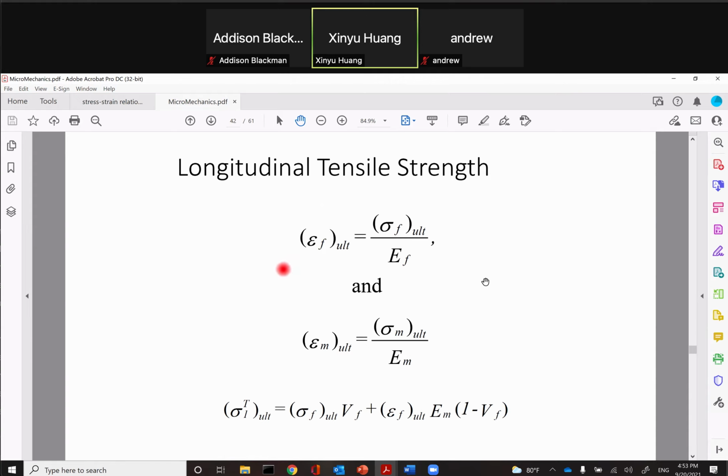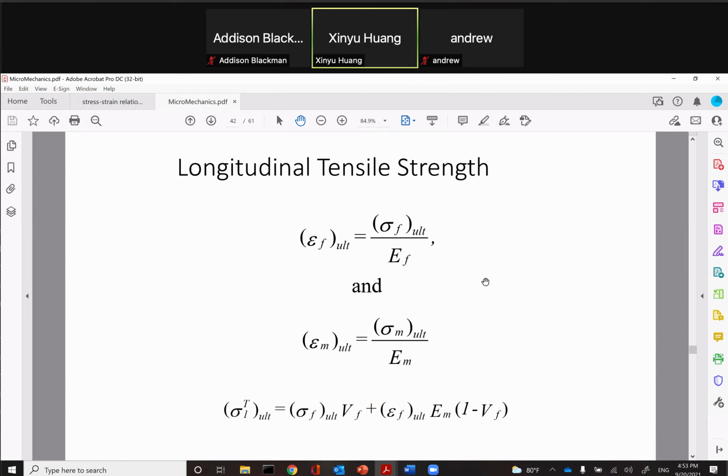So the fiber failure strain is equal to the fiber failure stress divided by the fiber modulus, right? And the matrix strain is the matrix stress divided by the matrix modulus. Then you use the rule of mixtures that governs how the stress is distributed between the fiber and matrix. And you can predict the strength of the lamina if you pull it in the fiber direction with this equation.